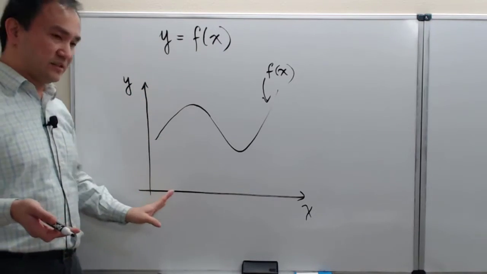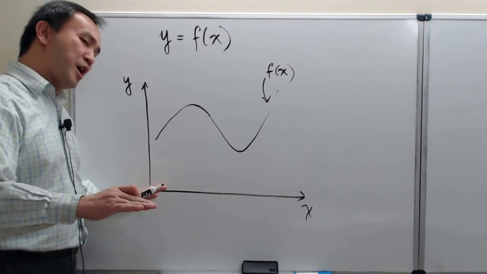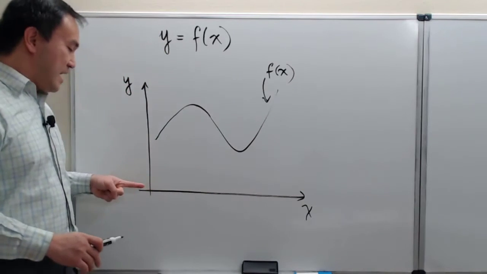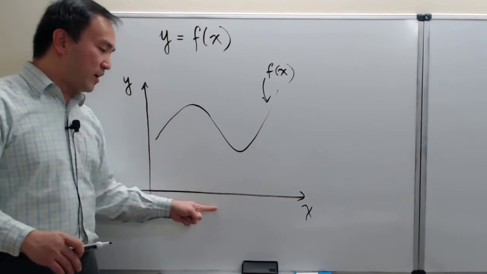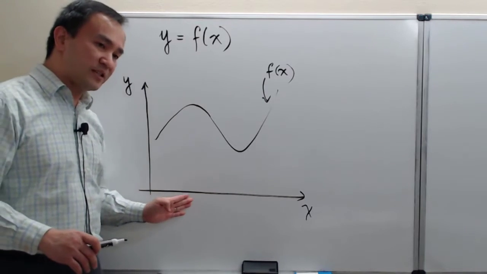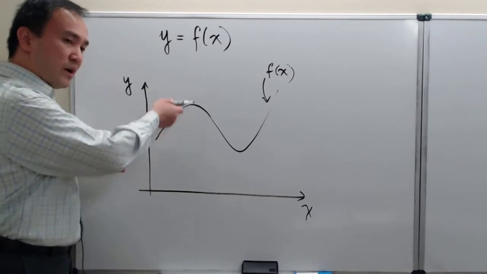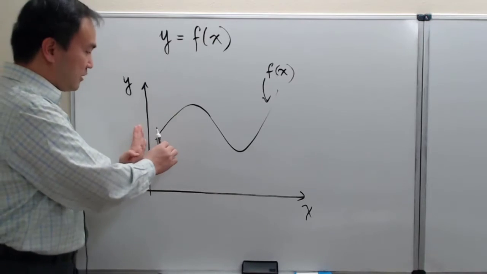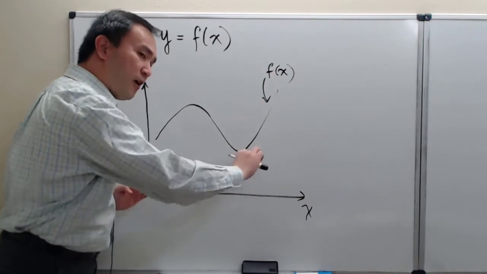Combined with what I was explaining earlier, when we view the graph from the left to the right, as we are viewing the values of x from left to right, the y values represented by the vertical coordinates are rising, and falling, and rising, and falling.